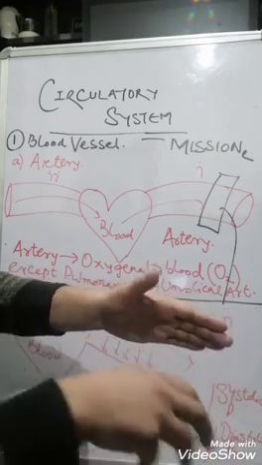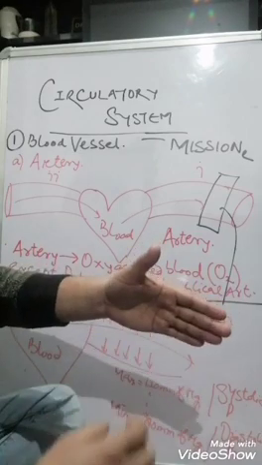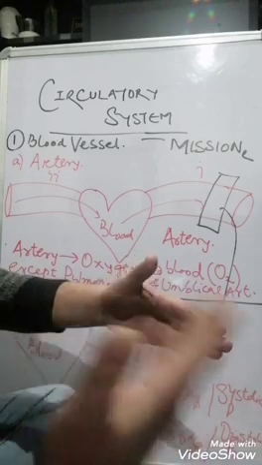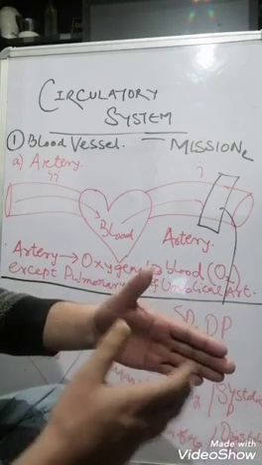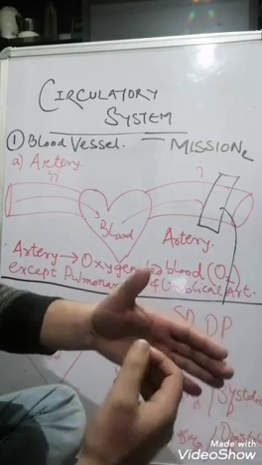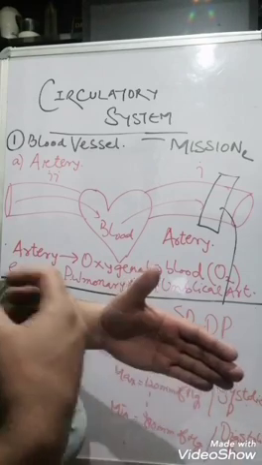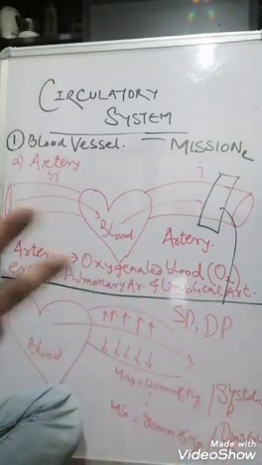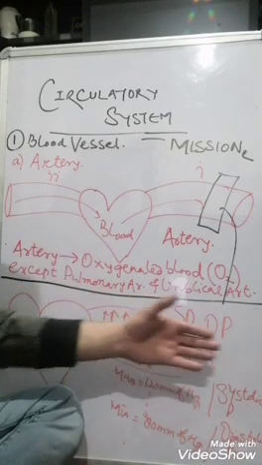This maximum force, we call it as systolic pressure. And then gradually, as blood moves further towards the organ, the pressure exerted by the blood on the vessel becomes less to a minimum level. This minimum level we call as the diastolic pressure. So we got two pressures, one is the SP and another is the DP.